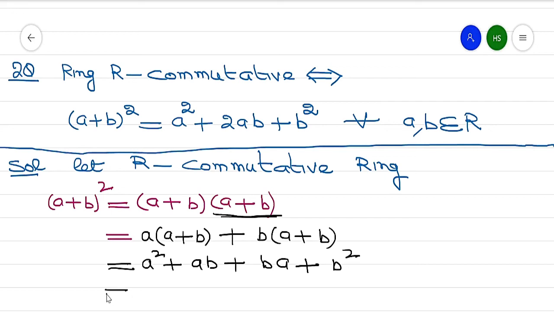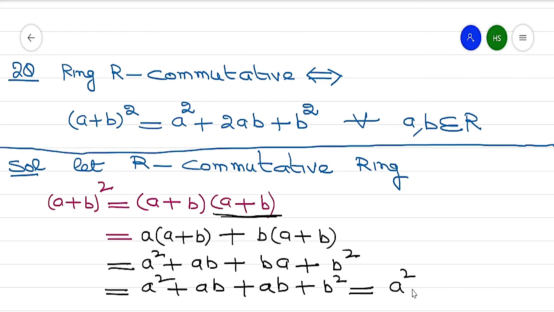Now apply the commutative property. So a square plus ab, and this will be ab by the commutative property, plus b square. So this is a square plus 2ab plus b square. So it proves our first part.